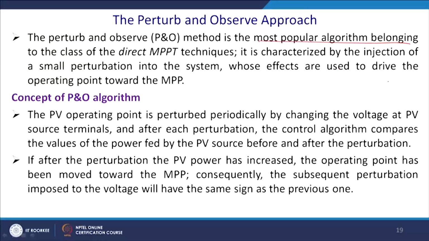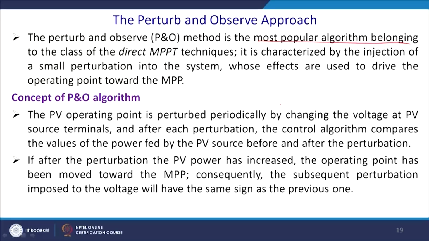Perturb and observe is the most popular algorithm belonging to the class of direct MPPT techniques, characterized by the injection of small perturbations into the system, whose effect is used to drive the operating point. If you see that power is increasing, you continue in that direction, since the multiplication of voltage and current gives you more power.